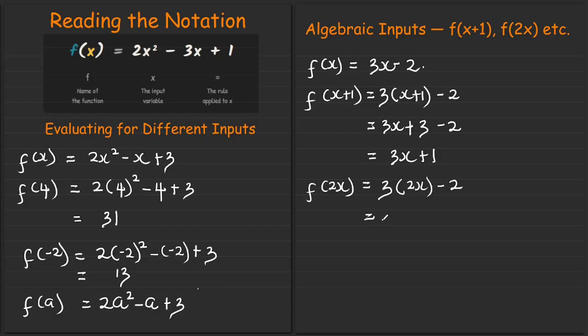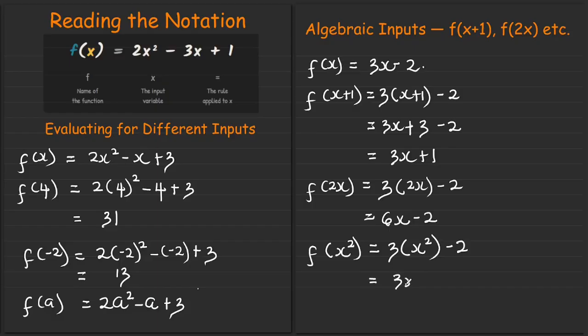Simplifying, we have 3 times 2, which gives us 6x, then minus 2. As simple as that. Finally, what if we actually wanted f of x squared? It is the same principle. We substitute the value of x with x squared. That is going to be 3 into bracket x squared, then minus 2.